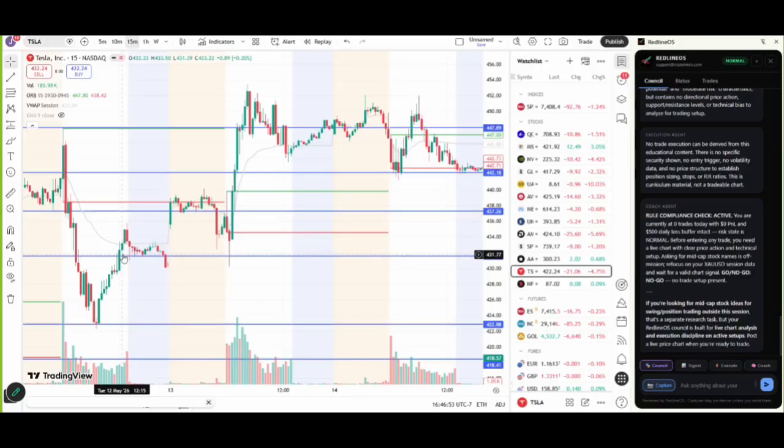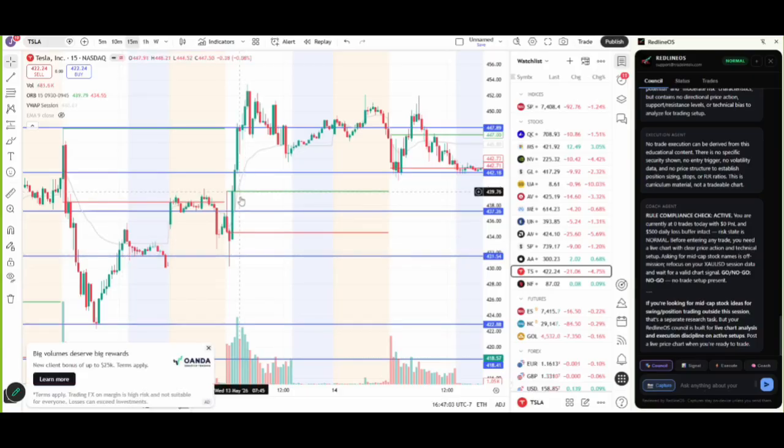Not to confuse you, but I'm going to enter my trade if it breaks this green line, and my stop loss is going to be this blue line right here. For example, if I'm entering a Tesla trade at $439.81, I'm betting the stock is going to go up to my next key level, $447.